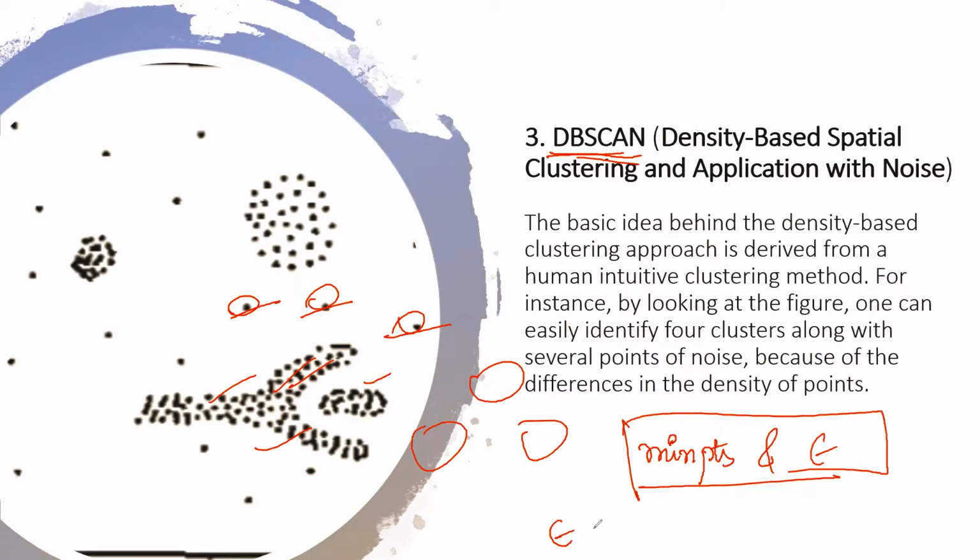Okay, epsilon is the radius that is considered around a data point. Say this is your data point, this is the radius, this is epsilon. Around this data point X, within this epsilon radius, how many minimum points do you have? Okay, so we need to check the density in which the data points are placed in the cluster. Okay, so this is how your DBScan works, and this is how your cluster division in DBScan works.